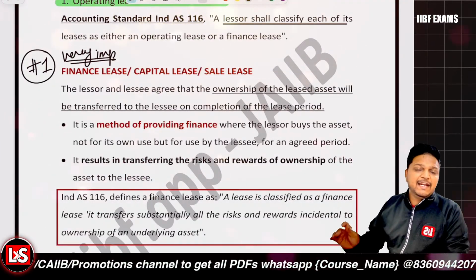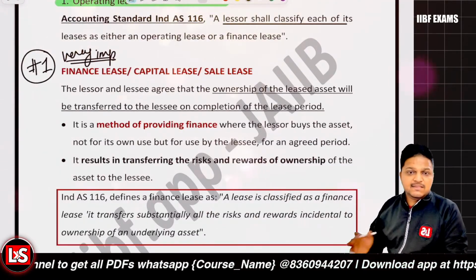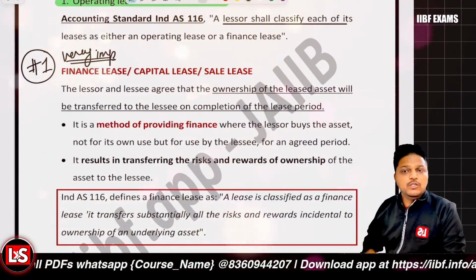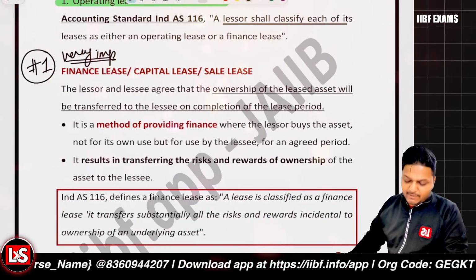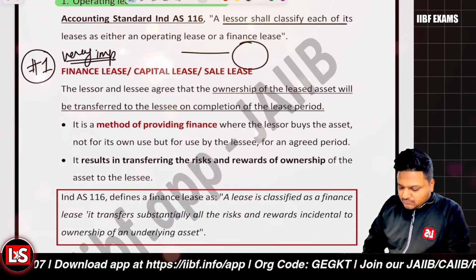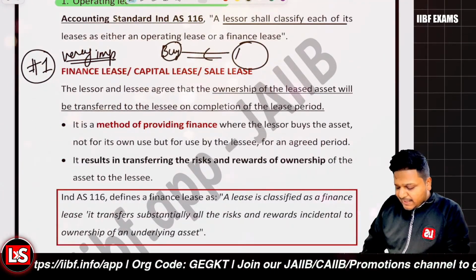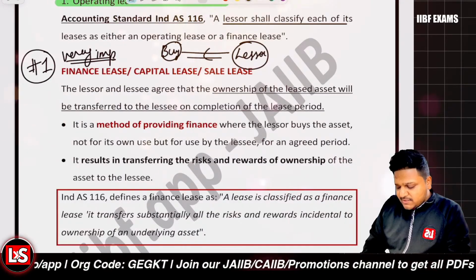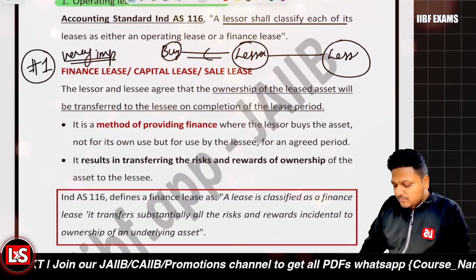So it's basically a method to provide finance where the lessor buys the asset not for its own use, but it's being used by the lessee for an agreed period. The lessor bought the asset specifically, is not going to use this asset, but rents it to the lessee, right?